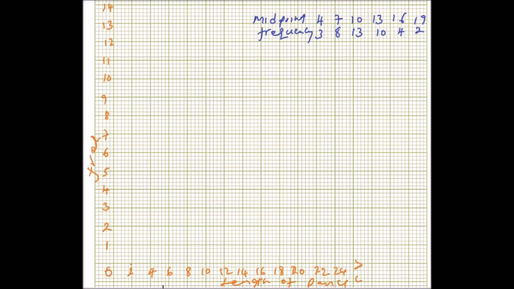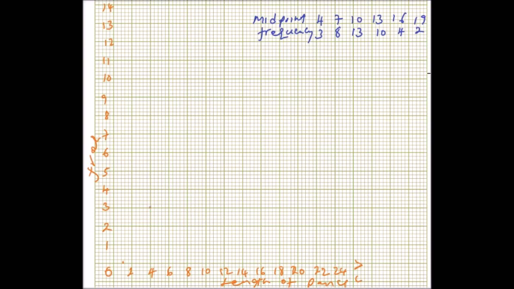Let's correct that. The midpoint of the first one must have been 1, because the class is from 0, 1 and 2. Then the other one, the midpoint was 4 and the frequency was 3. So that is where we have our point.